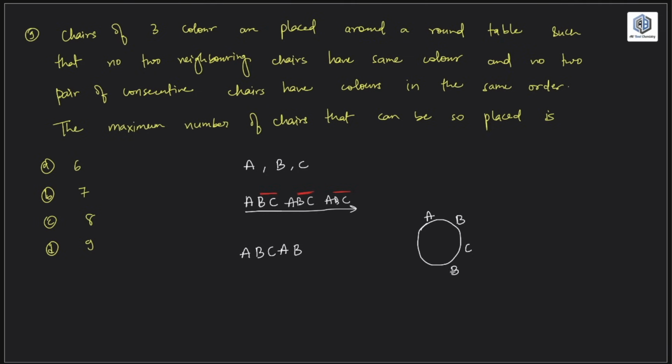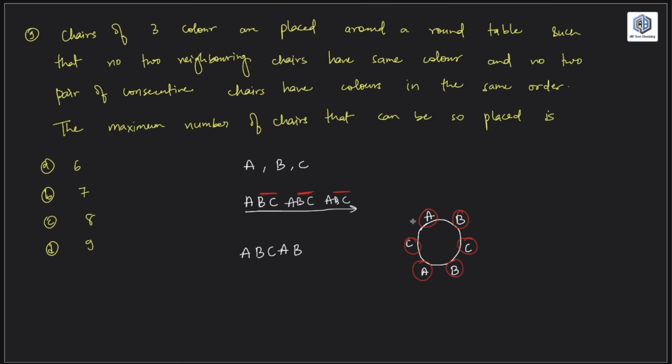So you can have CB and then you can have A. And then you can have C here. So this is how you can have it. If you look at this particular arrangement, you will find that no adjacent ones are of the same color and no 2 consecutive ones have the same order. So in total, how many chairs did I place like this?